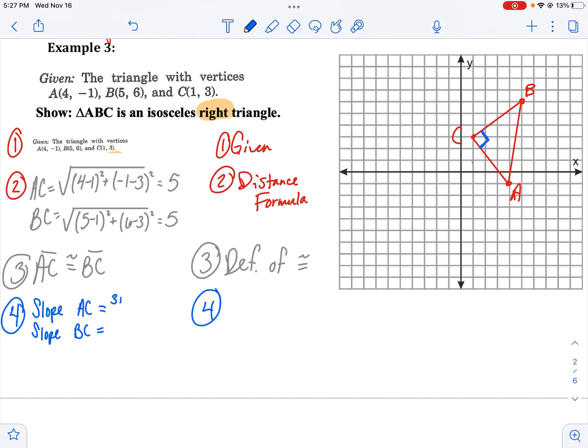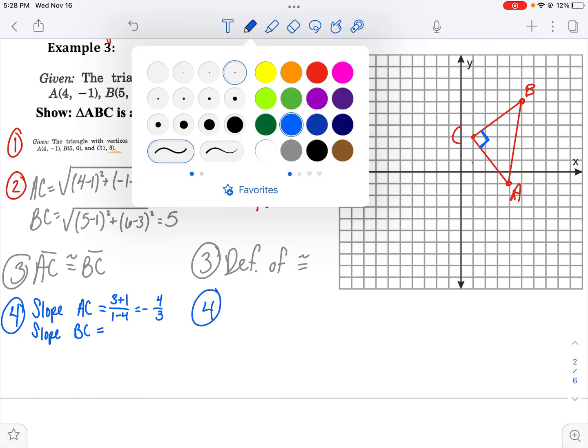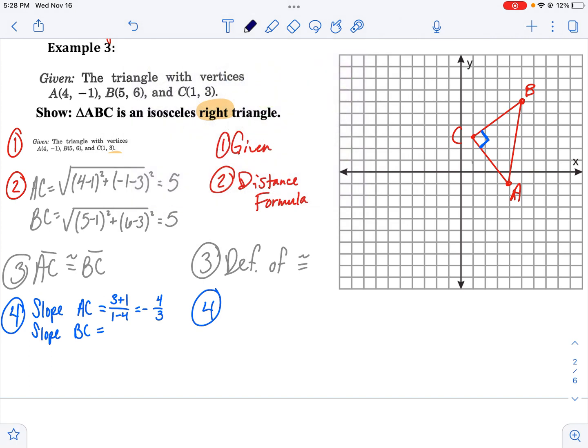So AC would be 3 plus 1 over 1 minus 4. So this would be -4/3. And the slope of BC would be 6 minus 3 over 5 minus 1, which would be +3/4.